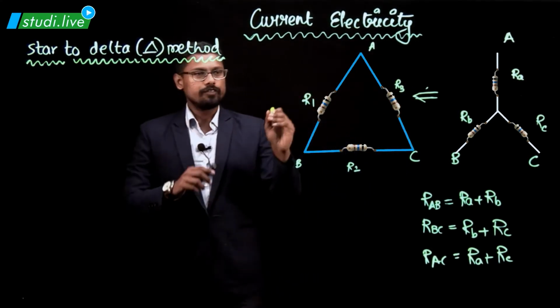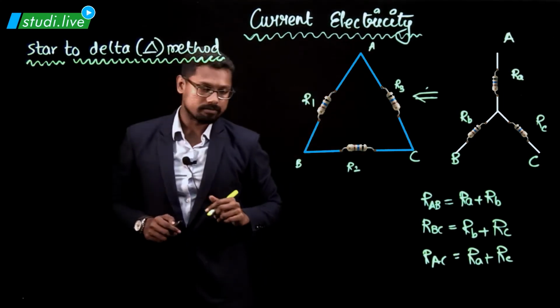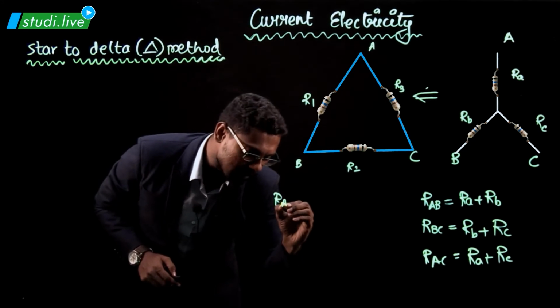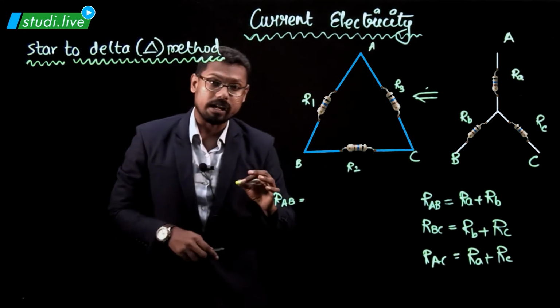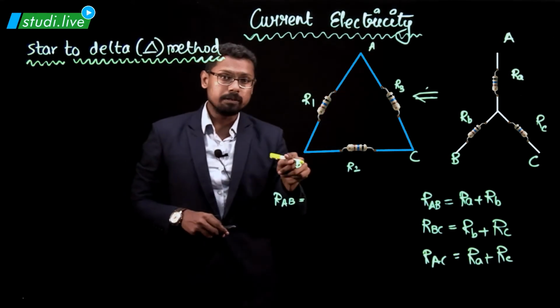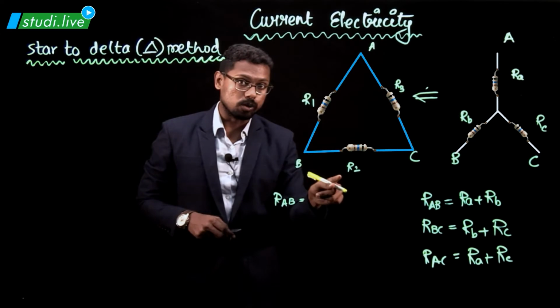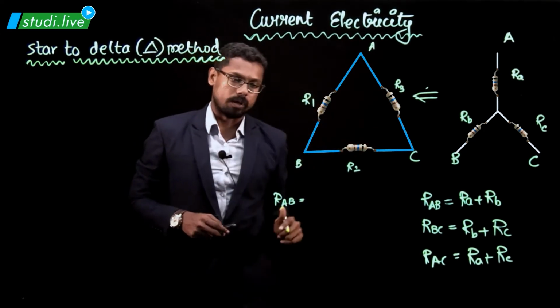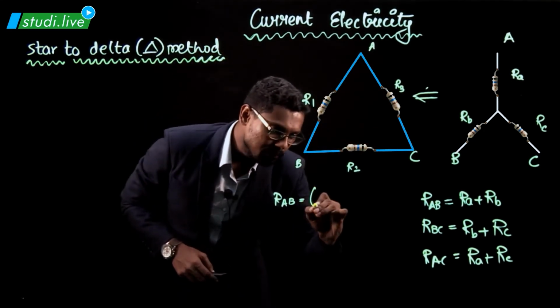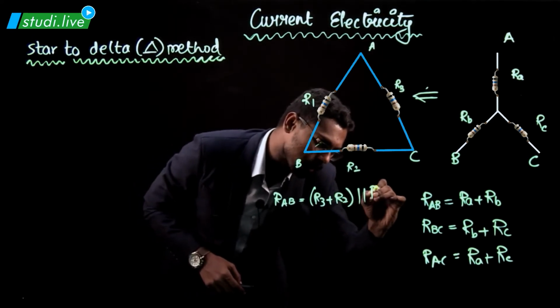So if I wanted to calculate the resistance across points A and B, how will I write RAB in this scenario? In this scenario, RAB is nothing but a series connection of R3 and R2 in parallel to R1. That means it can be written as R3 plus R2, in parallel to R1.